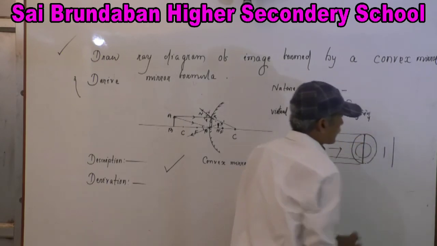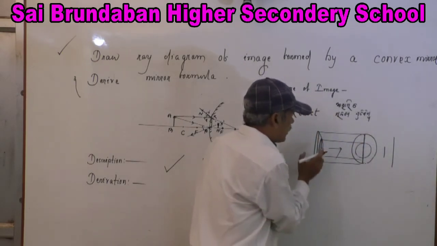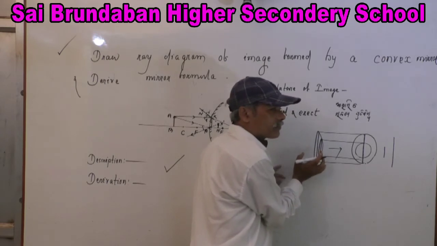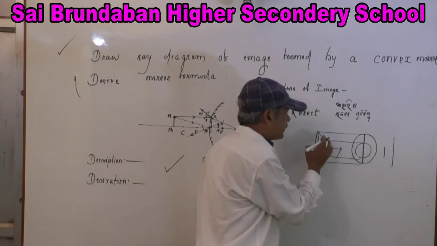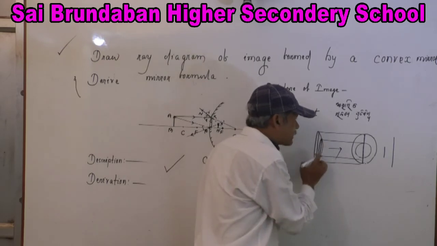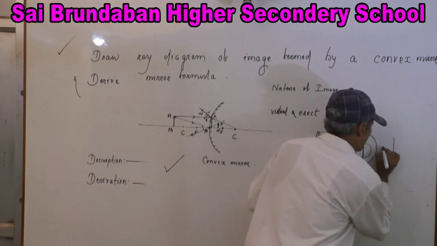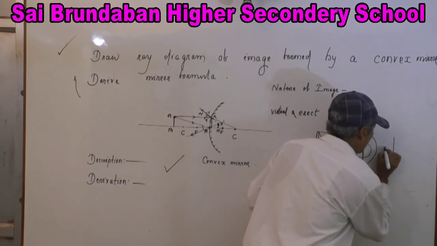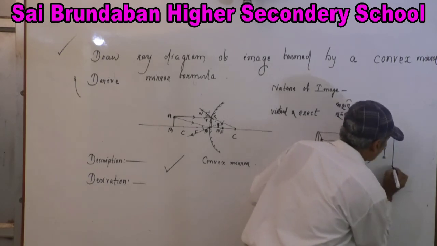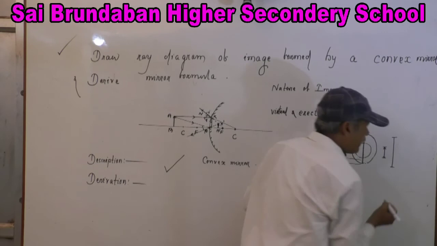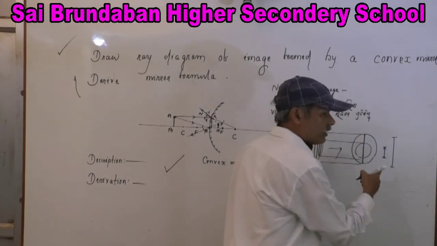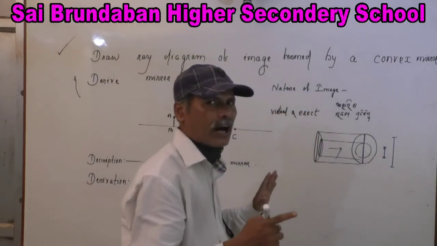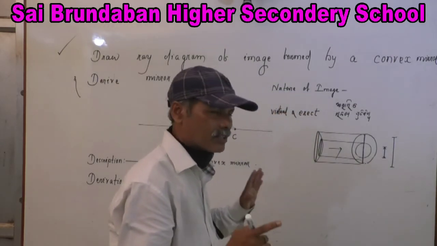Hence, the aperture of this mirror is less than the aperture of this mirror. This is the diameter of the small mirror, and this is the diameter of a mirror bigger than it. Okay? This is called aperture. The diameter of the outer edge of the mirror is called aperture.